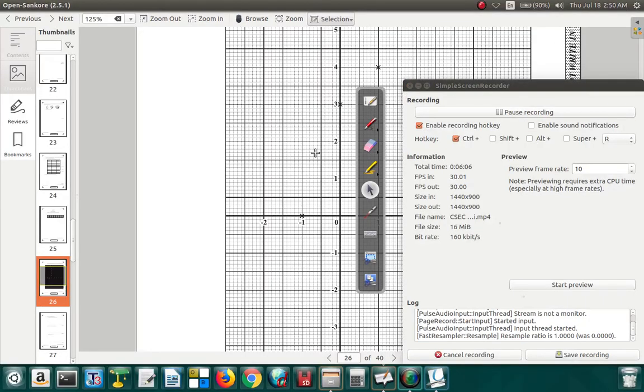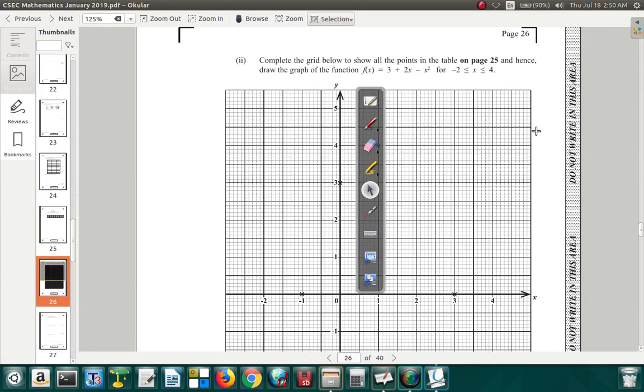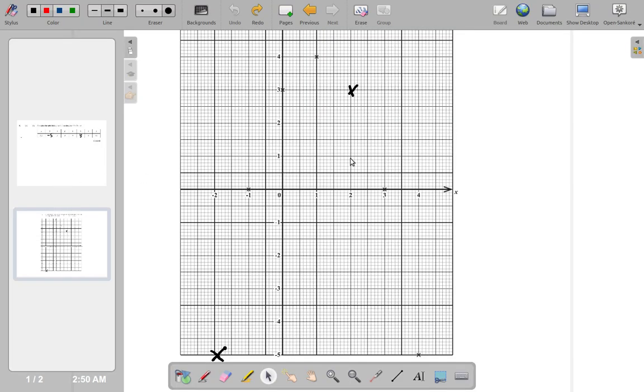What they say you should do is draw the graph of the function. Right, you're going to draw the graph of the function. Now remember, it must be a smooth curve. My curve may not be that smooth, but you should make your curve much smoother than mine.